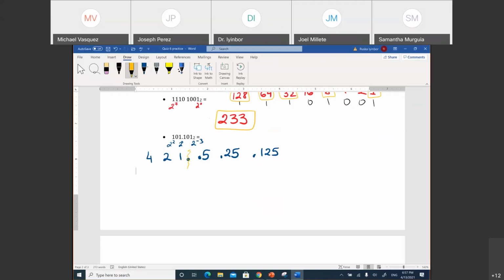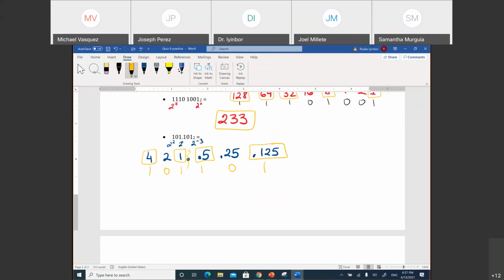So now your binary number is 1, 0, 1. And then you have 1, 0, 1. So what that means, I'm going to add 4 plus 1 in front. And then I'm going to add also 0.5 and 0.125.